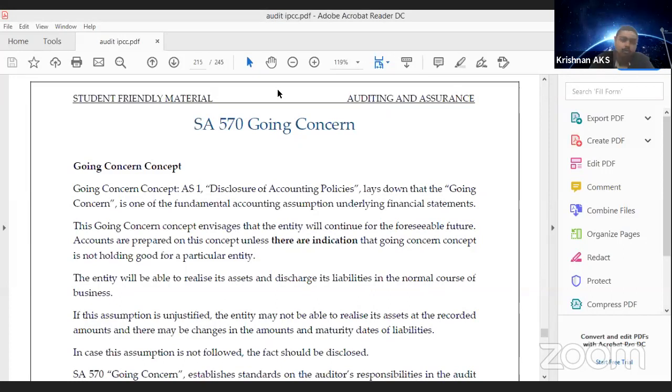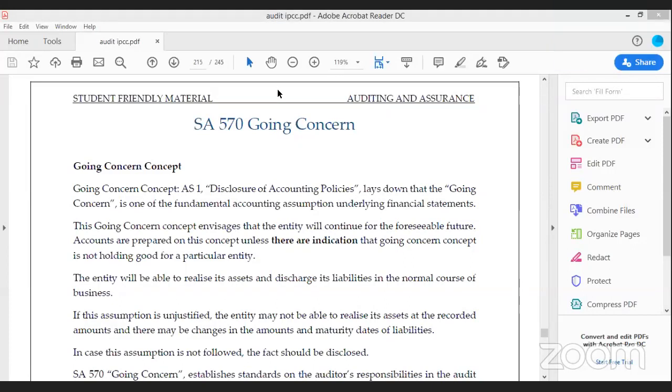Understood? So please understand there are three indicators. One is financial indicators. The going concern may be affected. So negative net worth, negative cash flow, all those things are called financial indicators. The second one is operational indicators. What are operational indicators?